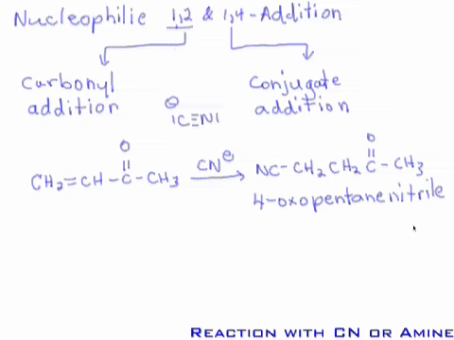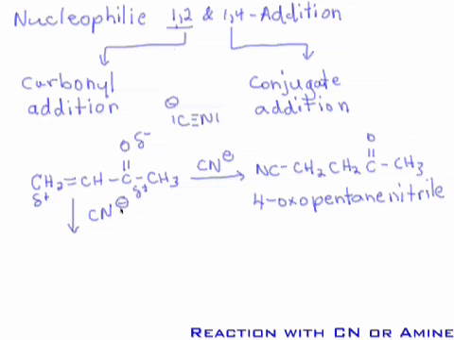Okay. What is the mechanism for this reaction? How does it proceed? Well, as you can imagine, CN minus being a powerful nucleophile, you have a delta minus on oxygen. You have a delta plus on this carbon and a delta plus on this carbon.